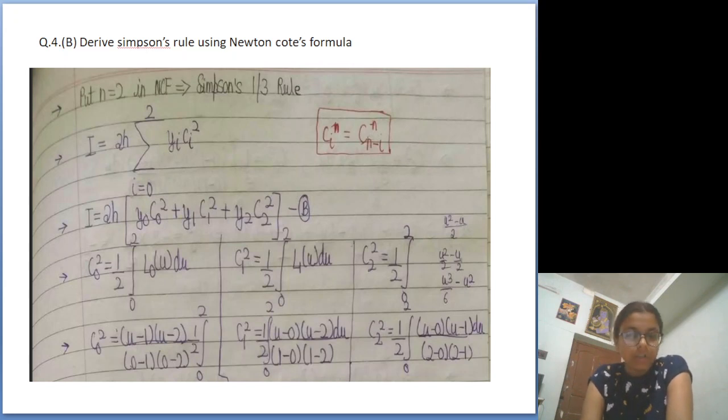And so after opening the whole summation, we would just take the value till y2, as we ignore the higher differences after 2 in Simpson's 1/3 rule. So after this we would take the first, C20 is equal to 1/2 integration of L0 u du.